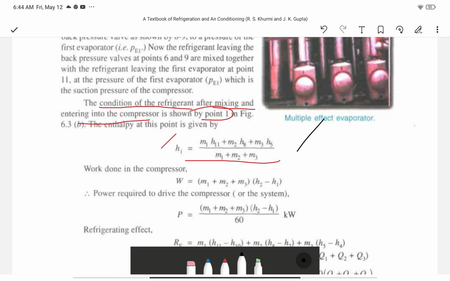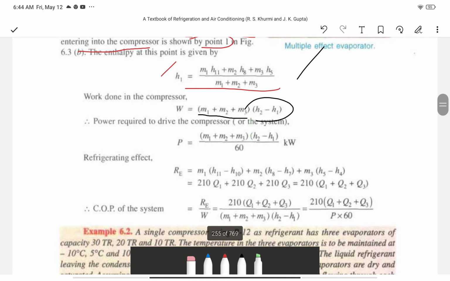The work done in the compressor is, of course, the total mass, M1 plus M2 plus M3, times the enthalpy difference, H2 minus H1. Similarly, we get the power required to drive the compressor, which is W divided by 60, in kilowatts.